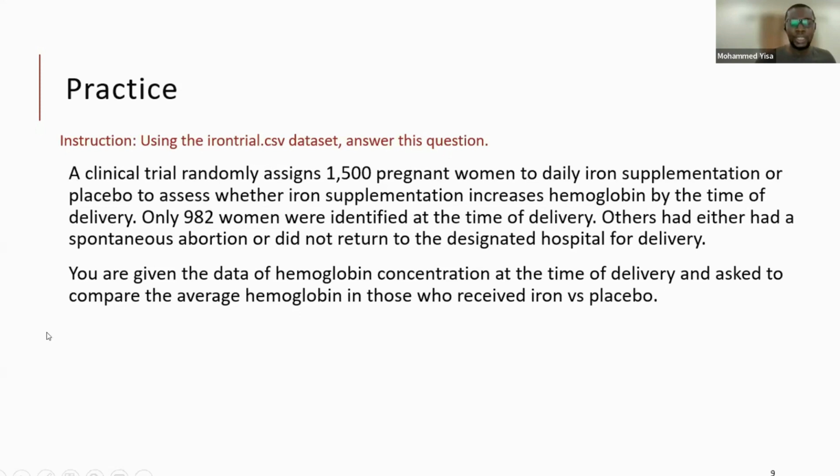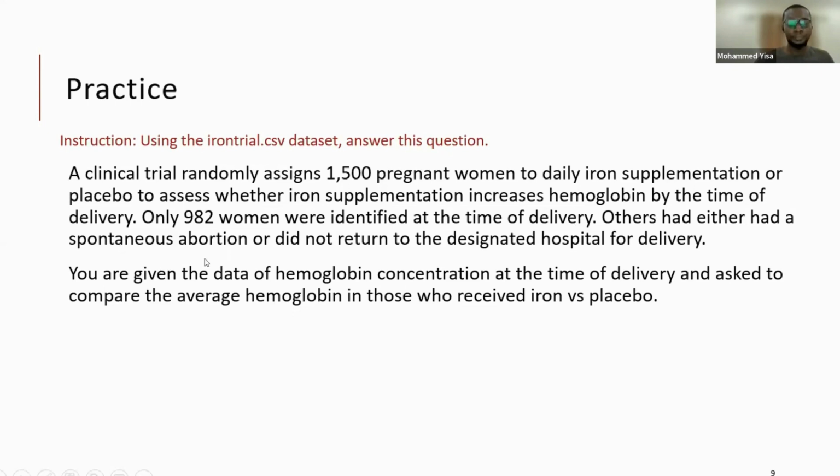Only 982 women were identified at the time of delivery. So out of the 1,500 women that initially started, only 982 were identified at the time of delivery.